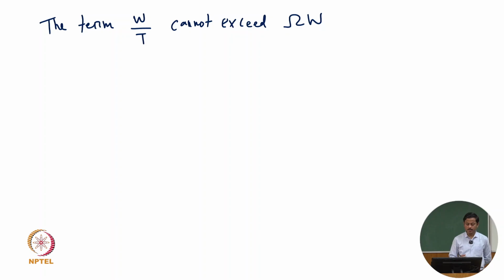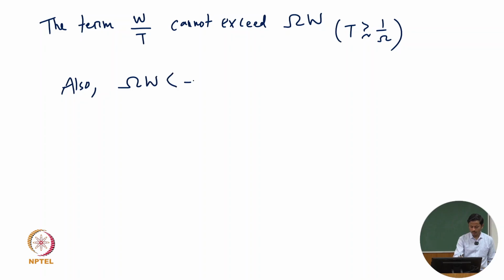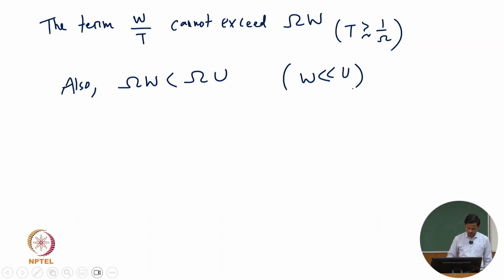Our temporal scales cannot be much different from the Earth's rotation rate, 1 over omega. So this is a constraint that we had already put on the flows of our system. Also, we previously justified that omega w is smaller than omega u, because w is smaller than u. So we have already justified this assumption.